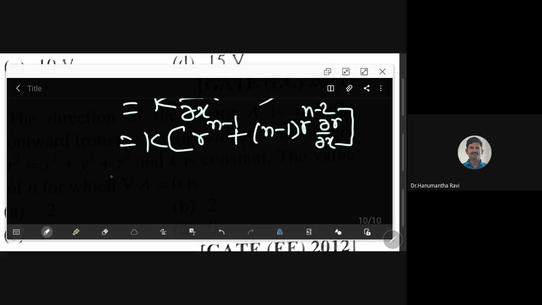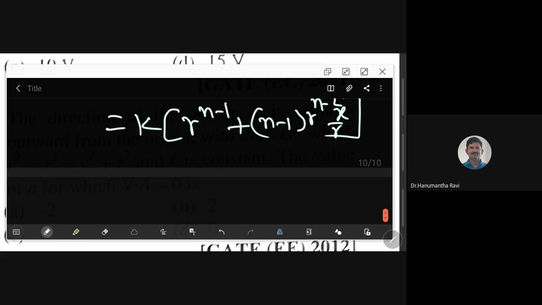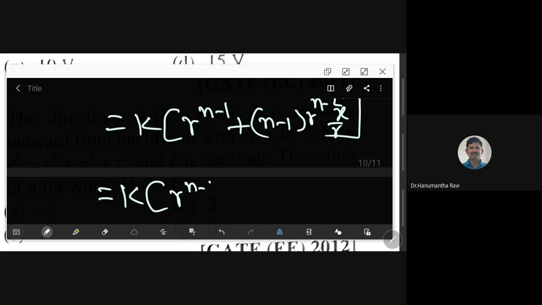So we get k into [r power n minus 1 plus n minus 1 into r power n minus 2 x by r], which is nothing but k into [r power n minus 1 plus n minus 1 into r power n minus 2 x].